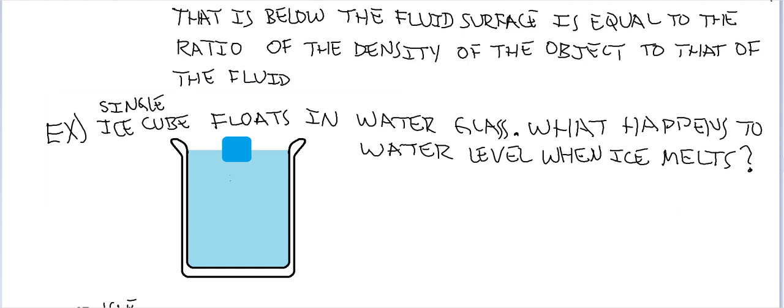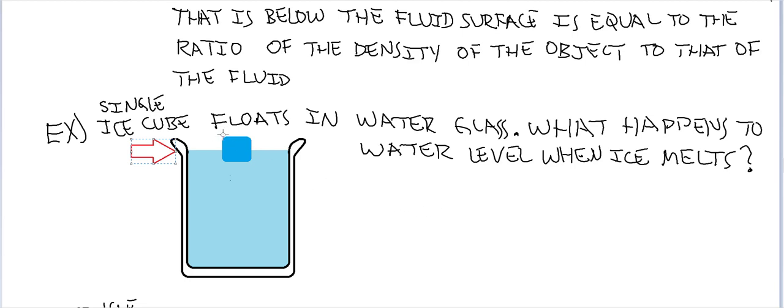And so what I'm saying here is you have this cup of water. It has a single ice cube floating in it. You're going to take a Sharpie or maybe a magic marker so that you're not permanently leaving a mark on your cup. But you're going to put a little mark here to note the water level when the ice cube is floating in it.